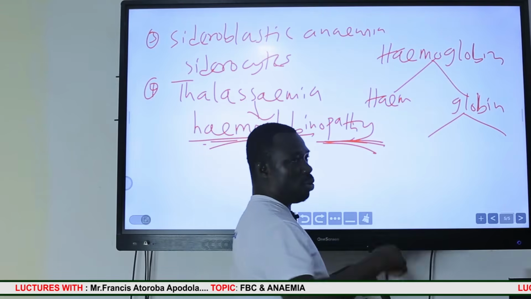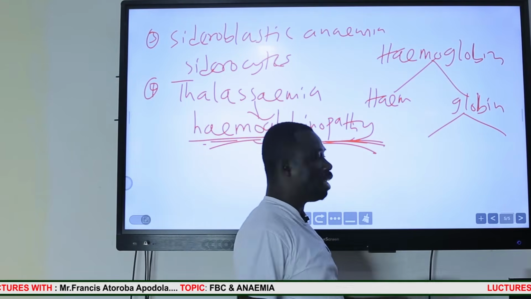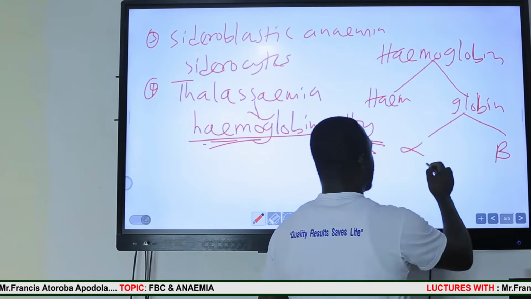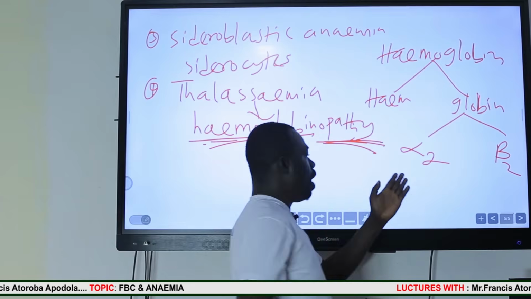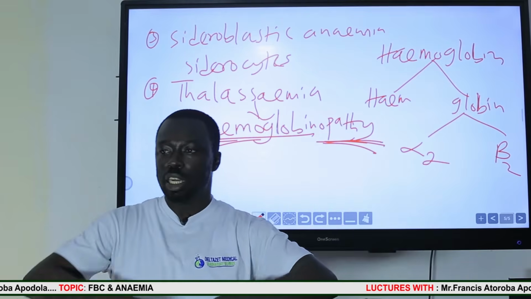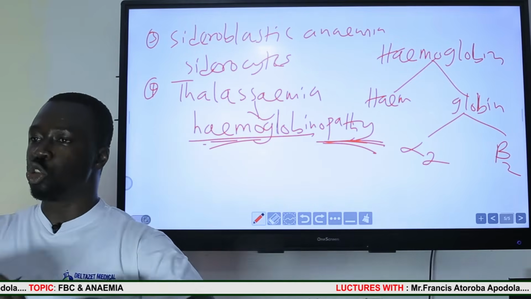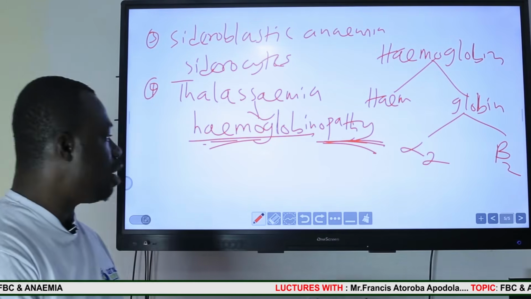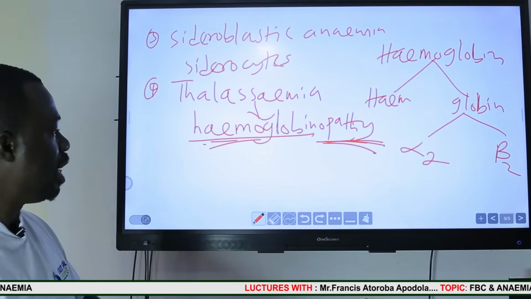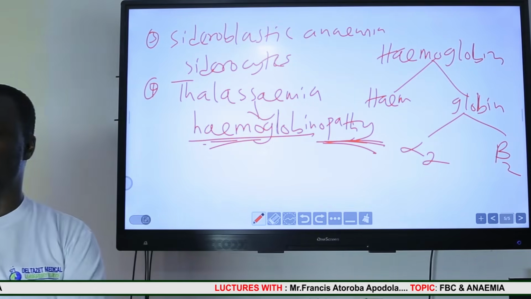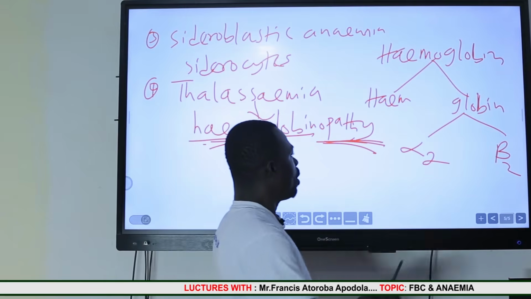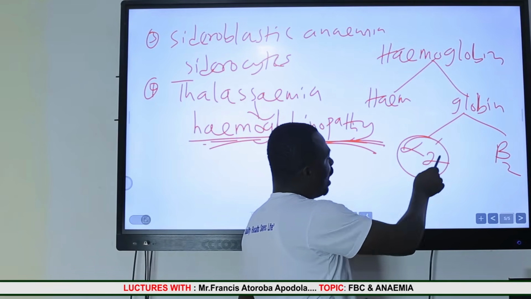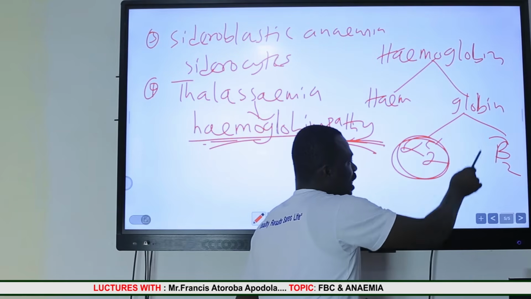When we take hemoglobin A, the normal adult hemoglobin, we have 2 alpha chains and 2 beta chains. Fetal hemoglobin has 2 alpha chains and 2 gamma chains. Hemoglobin A2, which is part of the adult hemoglobin, is made up of 2 alpha chains and 2 delta chains. Now, these are globin chains.